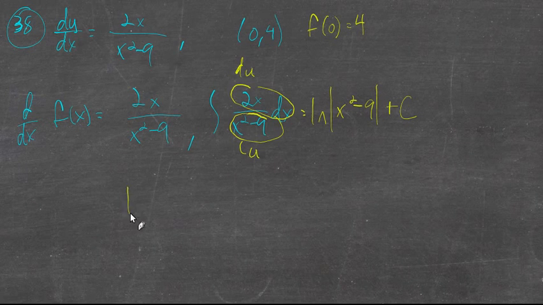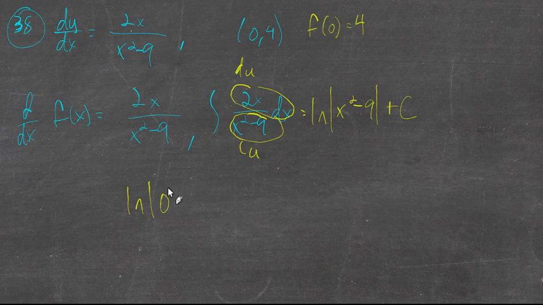So, what they're saying is the natural log of the absolute value of 4 squared minus 9 plus c should give, oh, I'm sorry, not 4 squared. I was supposed to put in 0, not 4. So let's back up.